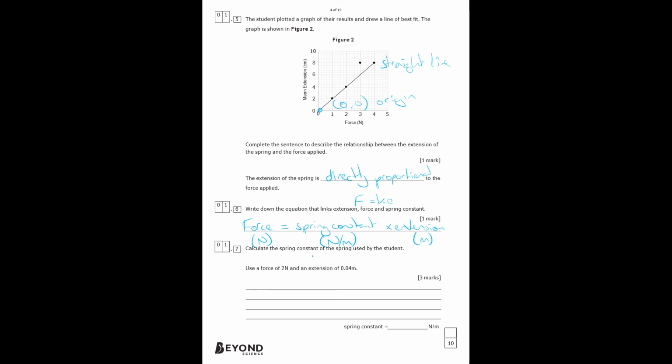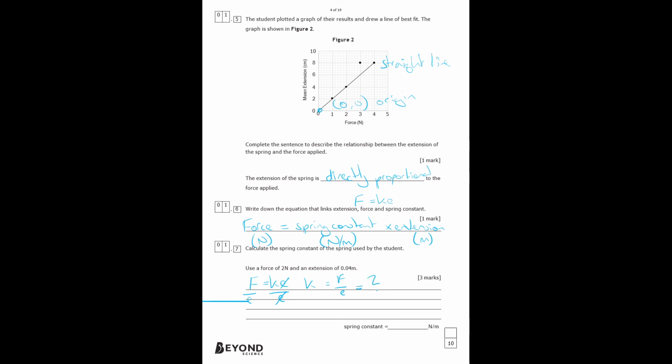So, calculate the spring constant of the spring used by the student. Well, if force equals spring constant times extension, then spring constant equals force divided by extension. To demonstrate that using algebra ever so quickly, if this is our equation and we want to find the spring constant k, let's divide this side by e, and I must divide the other side by e as well. These cancel out, and the spring constant is equal to the force divided by the extension.